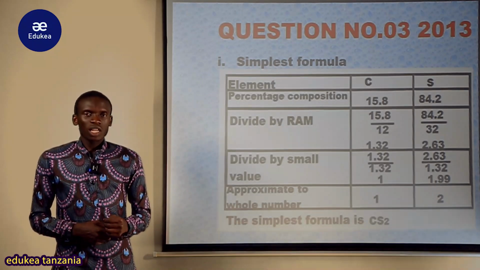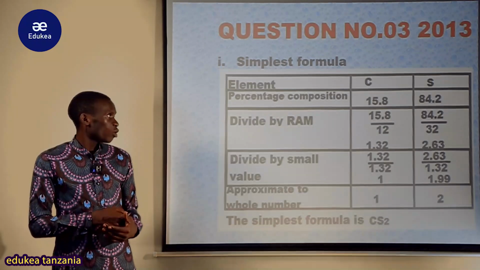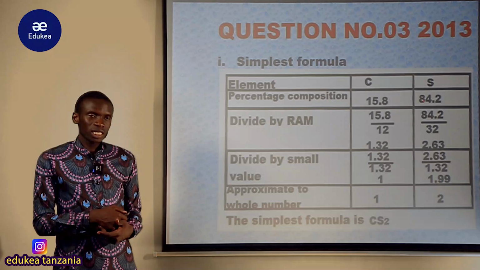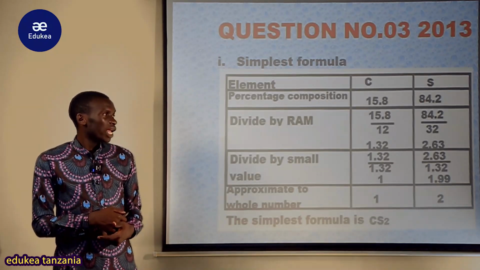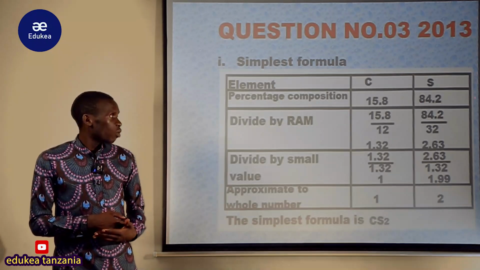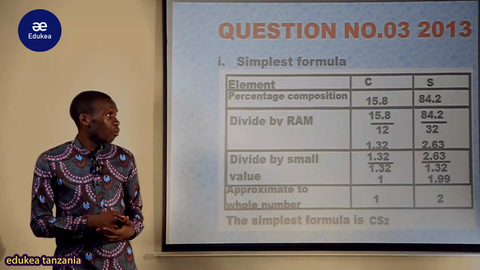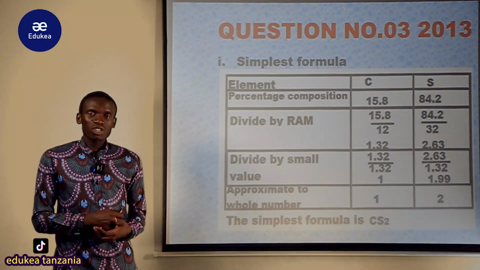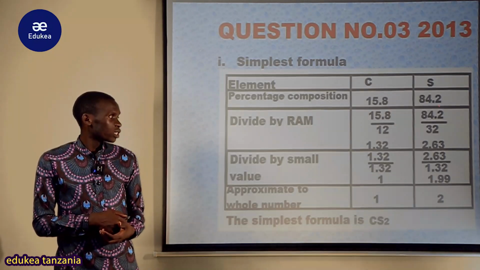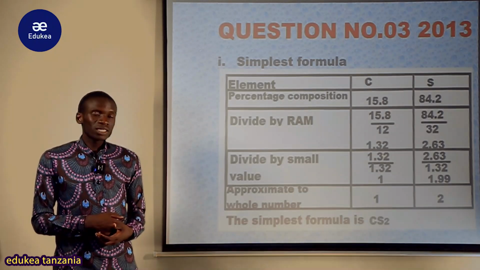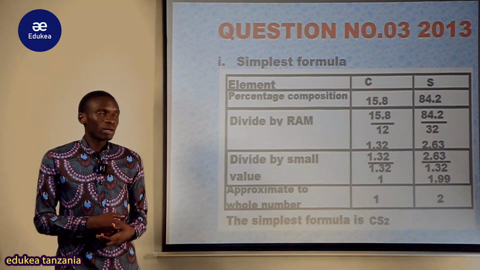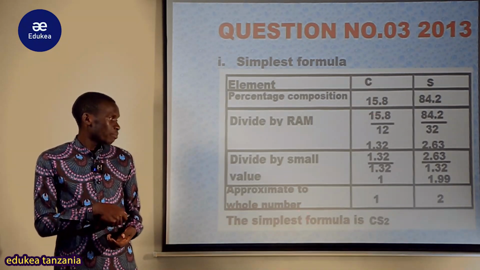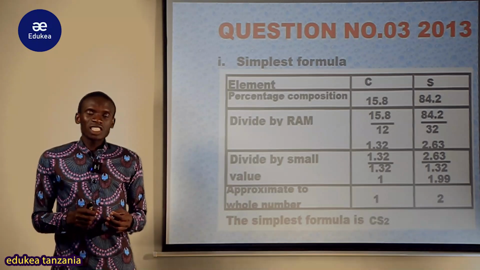For our question, the percentage of carbon is 15.80 and the percentage of sulfur is 84.2.